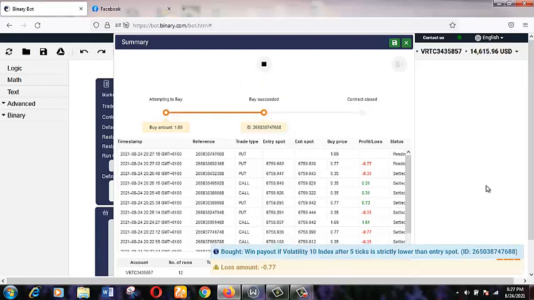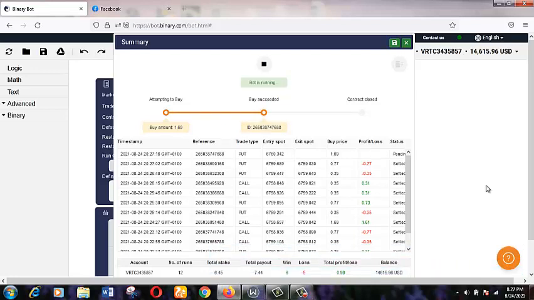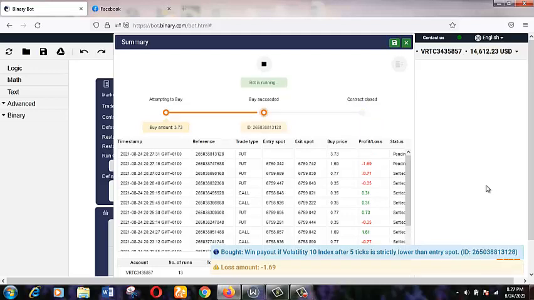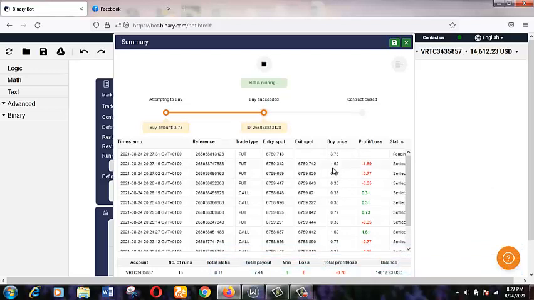We also lost that. And that one is taken. Waiting to see if it will put us in profit. Lost that. And that trade is taken with a higher volume. You can see from 0.33, 0.7, 1.69, 3.73. So this one, if it gets, it covers the losses of this trade and puts us in profit. Let's see if it will go good.